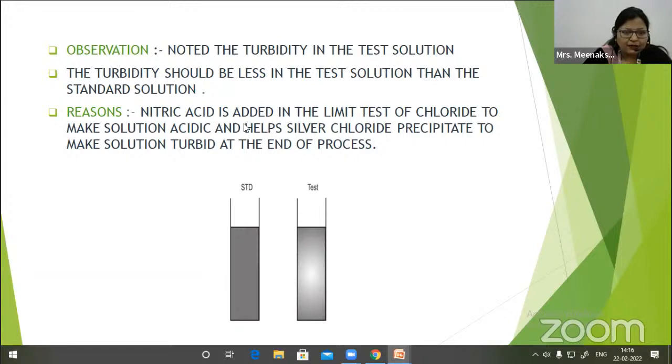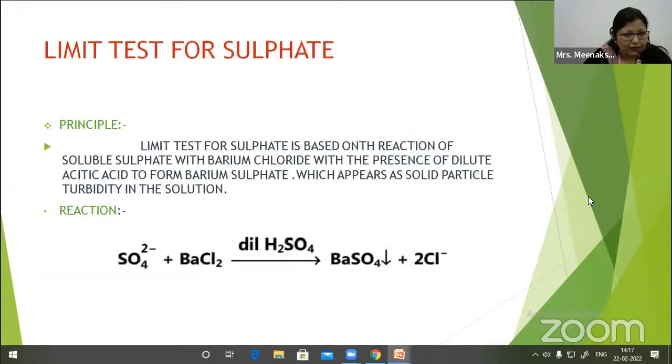In this reaction, nitric acid is added to the limit test in which we are taking the silver chloride. Nitric acid, being an acid, makes the solution more acidic and helps silver nitrate to form more of the AgCl precipitates. So that makes the solution turbid in the end. So this is what we do in the limit test for chloride.